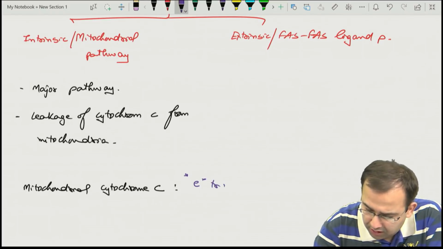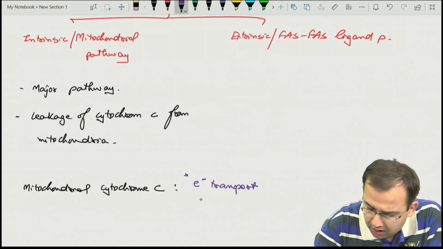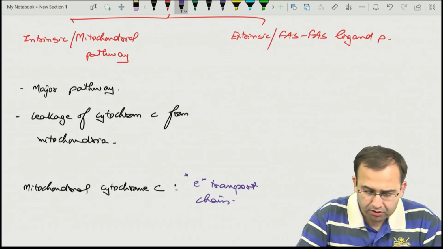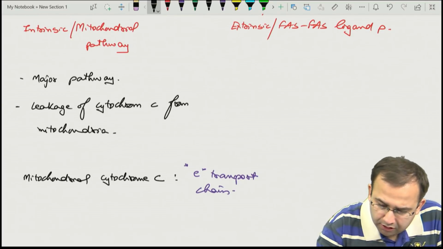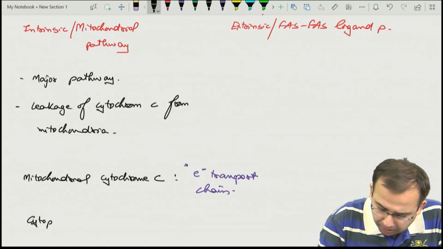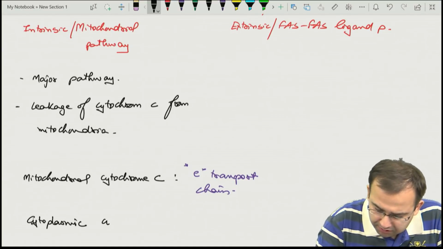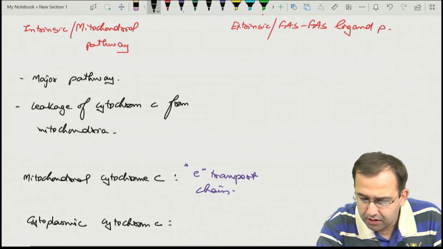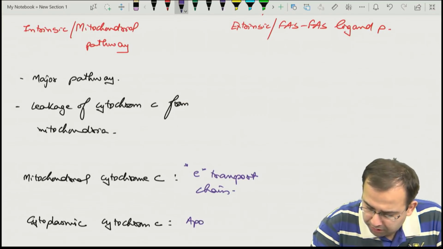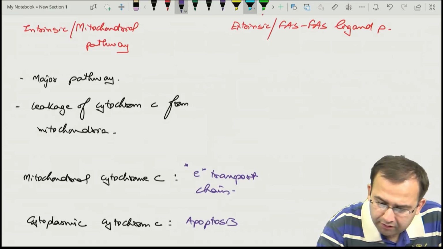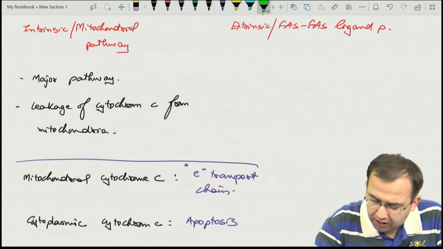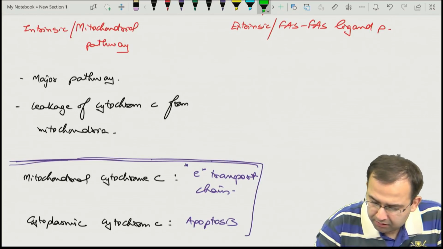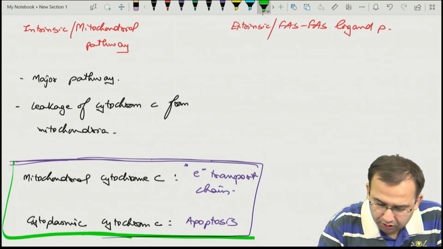Remember biochemistry, ATP formation: mitochondrial cytochrome C is involved in the electron transport chain versus cytoplasmic cytochrome C, which is involved in apoptosis. So have a good look at the question whether the examiner is asking you about mitochondrial or the cytoplasmic cytochrome C.